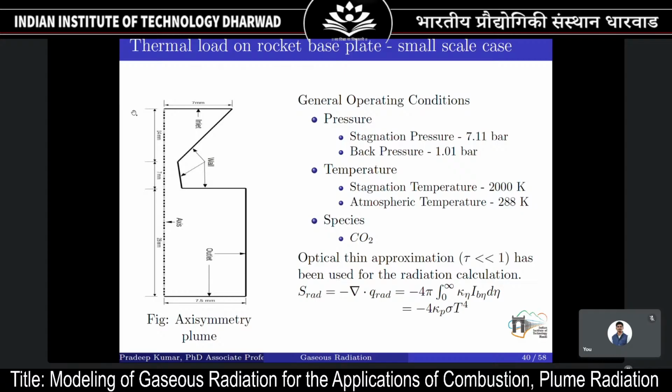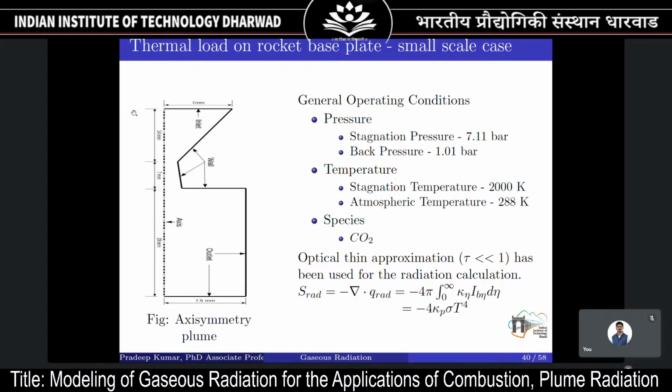The fluid is expanded from 7.11 bar, and the pressure in the buffer chamber is 1.10 bar. The temperature is 2000 Kelvin, the buffer zone temperature is 288 Kelvin, and we are just taking CO2.